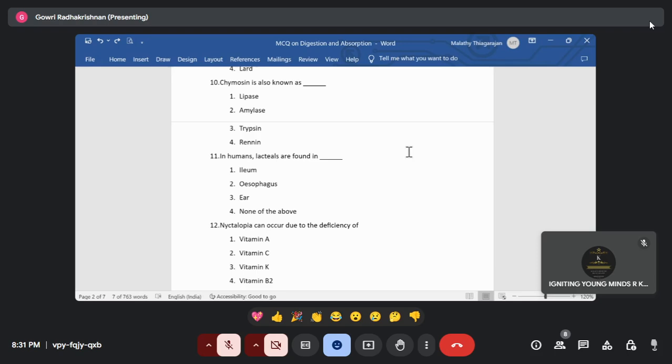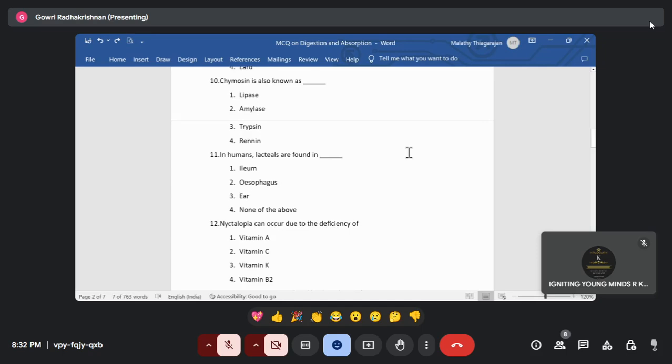Ma'am, it is a protein digestive enzyme, ma'am. For what? What kind of protein? It is the main enzyme responsible for coagulation of milk. Okay, to solidify milk protein. You were a little close actually. Very good. Now, fourth, renin is the correct answer.